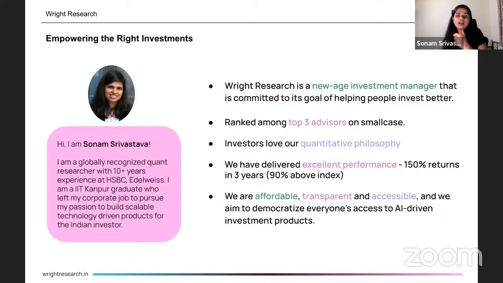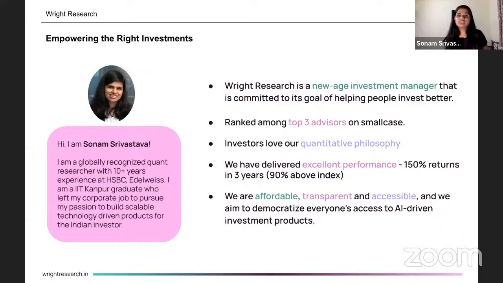I'll give you a little bit of background about me. Why am I talking about quant investing? I've been in this field of quant investing for more than 10 years. I started in 2012 with a company called Forefront Capital Management that was acquired by Edelweiss. I worked at Edelweiss for close to 4 years in the algorithmic trading group, creating high frequency algorithms.